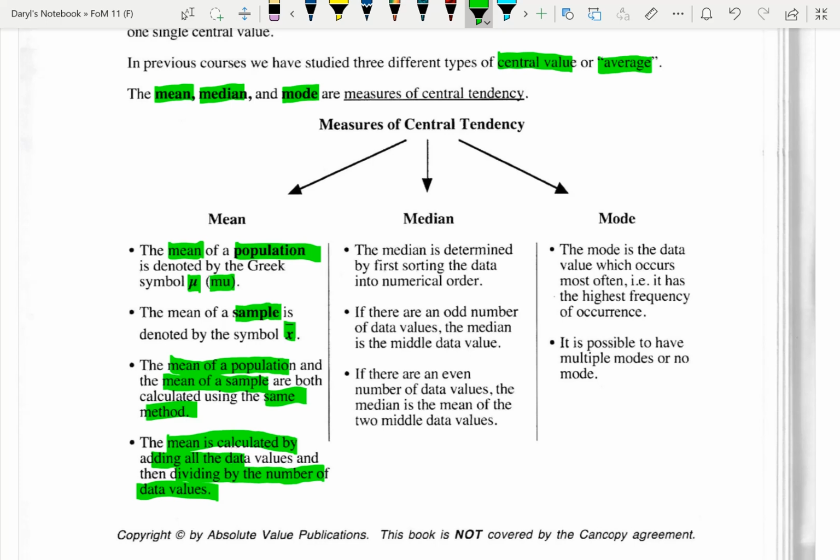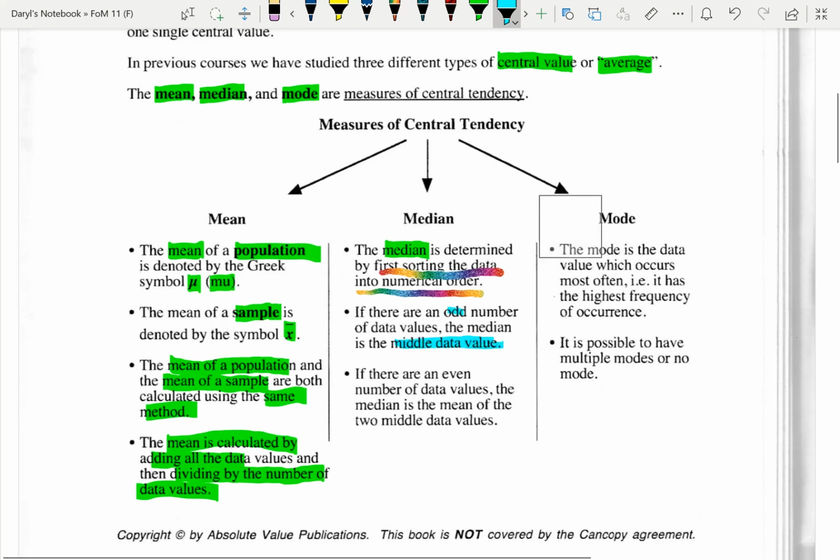The median, on the other hand, is determined by sorting the data into numerical order. If there is an odd number of data values, for example 7 or 9 data values, the median is the middle value.